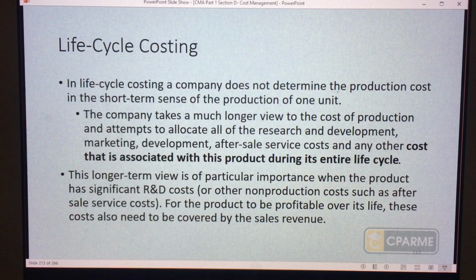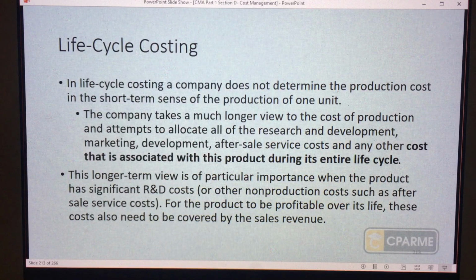Ganun. May mga conditions siya. But for managerial accounting, or for purposes of taking your CMA exams, your research and development, your marketing, your development, your after-sales costs, and other costs that are associated with this product during its entire life cycle would be part of your life cycle costing.